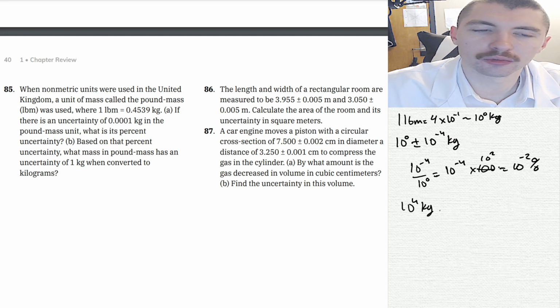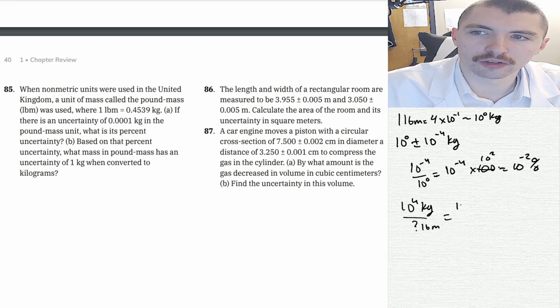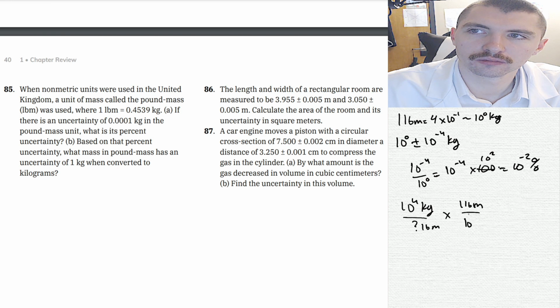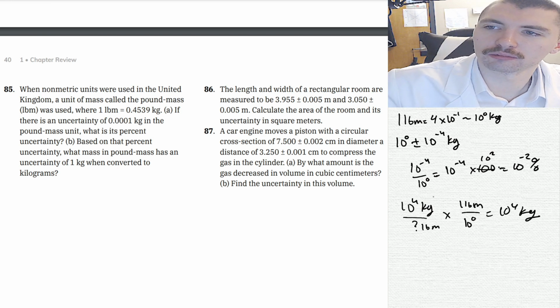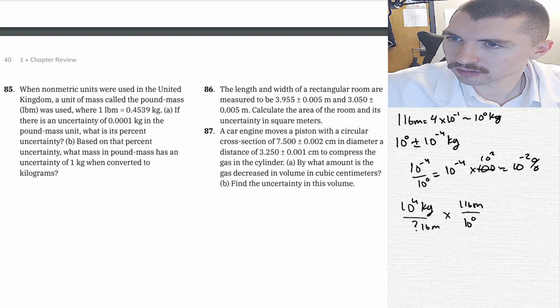So being in kilograms, we want to convert that into pound mass. So there's 1. Knowing 1, 4 kilograms. Awesome. I'm sorry, 10 to the 4. They should be backwards.